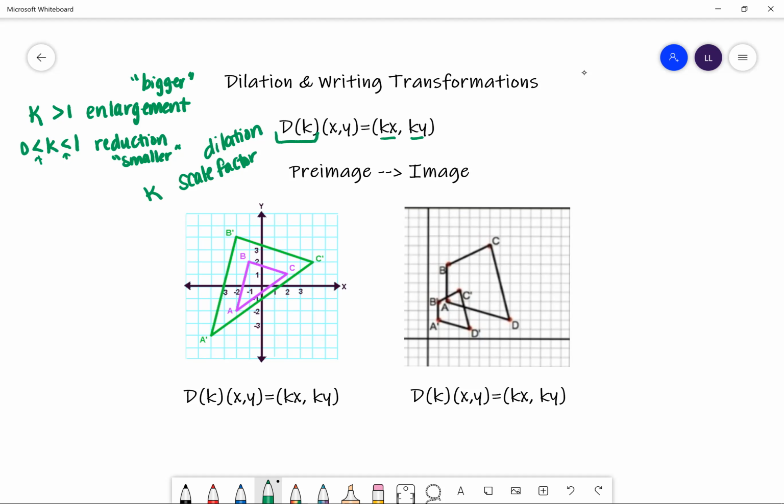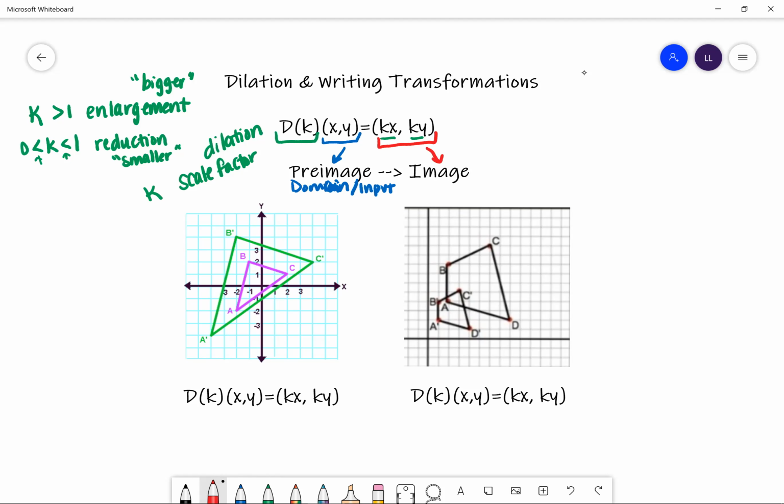But before we get to looking at that part, let's finish talking about this function rule. As I talked about before, this part right here is the original point, and that's the pre-image. Remember, another name for pre-image is domain, and input. The second part over here is the image, the result.